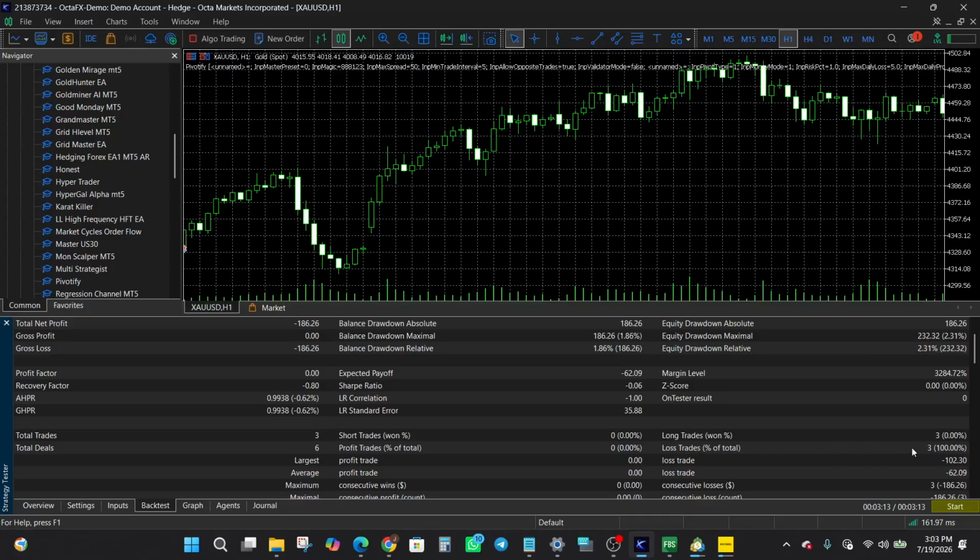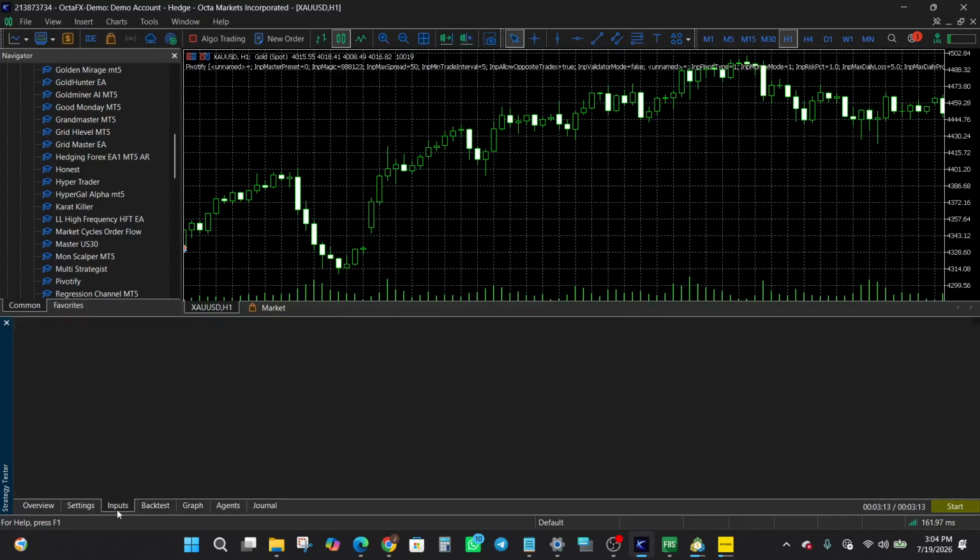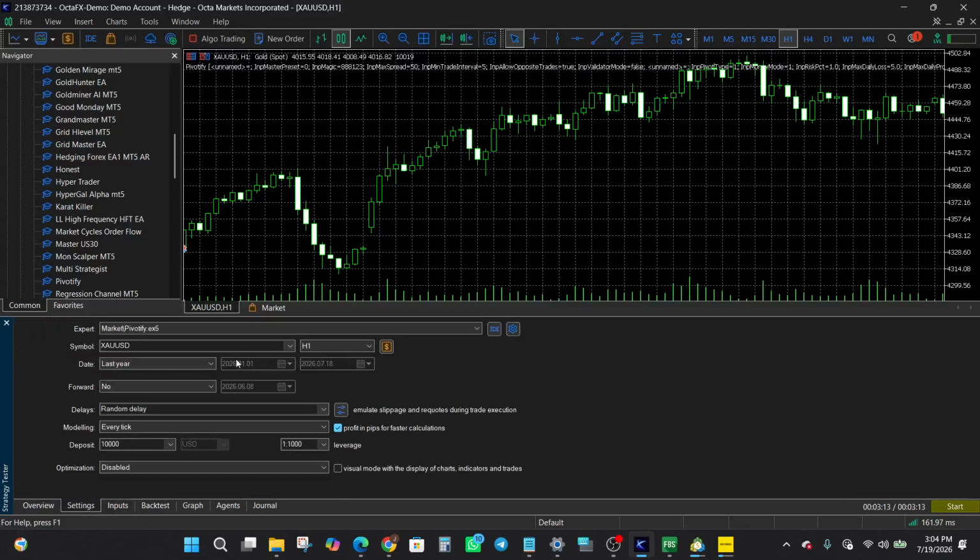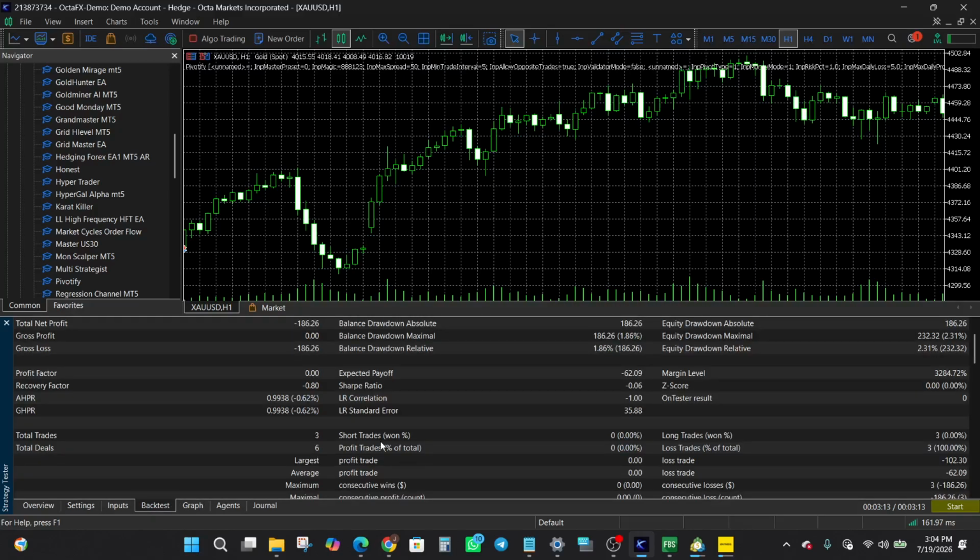You can see 100% losing trade. All 3 closed as losses. That is an extremely limited amount of activity for a 6.5 month window, right? The test conducted over about 6.5 months, and we are having just 3 trades, right? So it lines up with the listing not describing a standalone entry signal system.